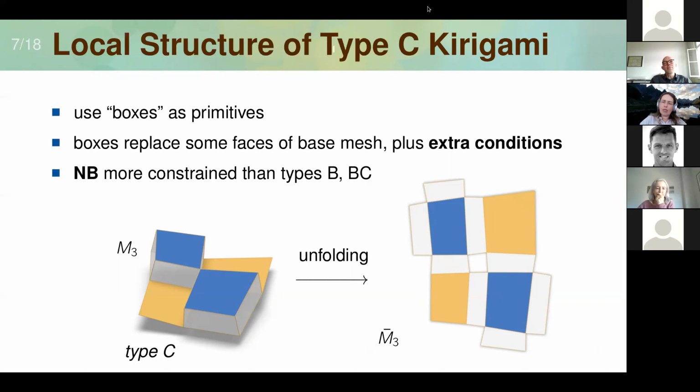So this seems to be at least not immediately easy. But perhaps somebody who looks at this in a different way will immediately have some idea how to prove existence of a bigger type C Kirigami as shown here, together with its unfolding, but at least we were not able to do it.